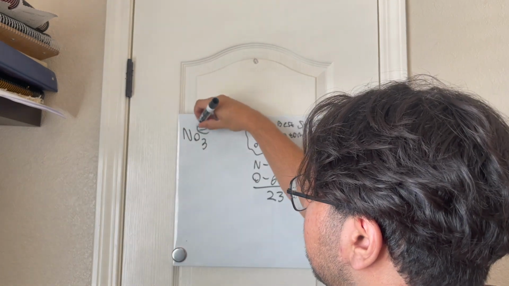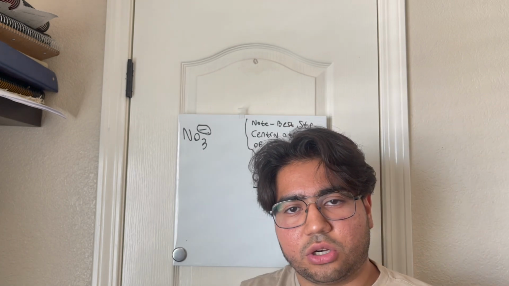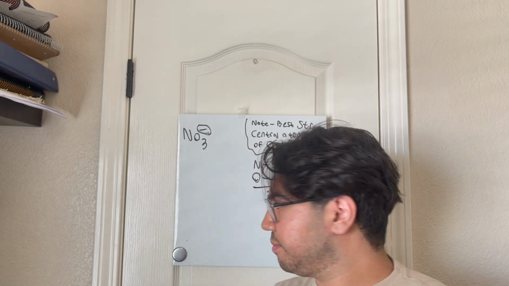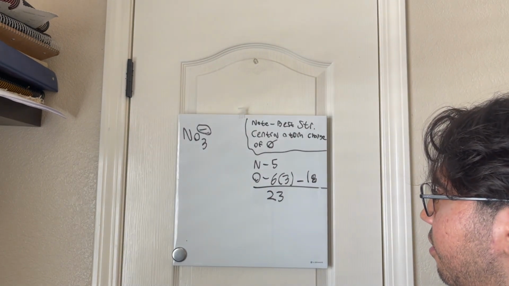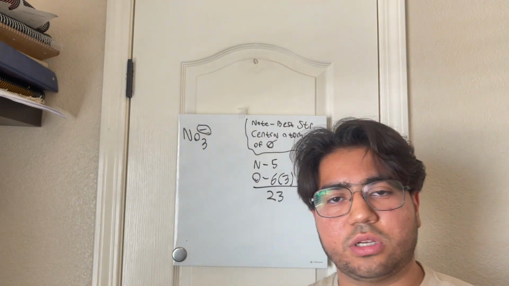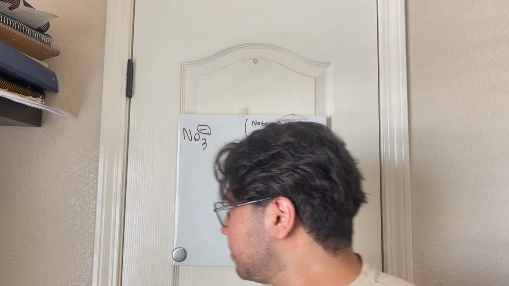In this case, nitrate has a charge of -1. Now, the way that you include the charge is kind of unintuitive, right? You see a -1 and you're thinking, okay, just subtract 1, but that's not the case. You have to add 1, right?